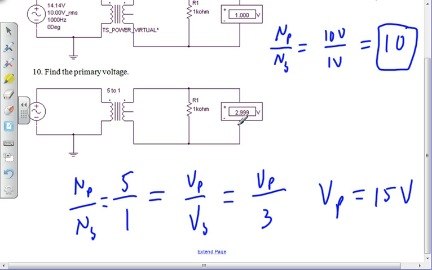You don't necessarily have to do that. So you could go 2.999 times 5 and say that it's something other than 15. That would only be 14.995, right? 15. So you could call it 14.995 volts, or you could call it 15 volts. Either way, it doesn't matter to me.